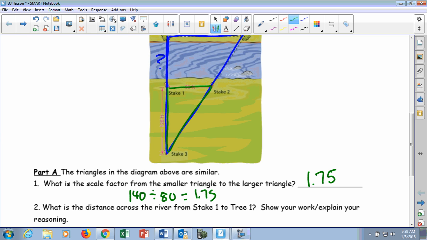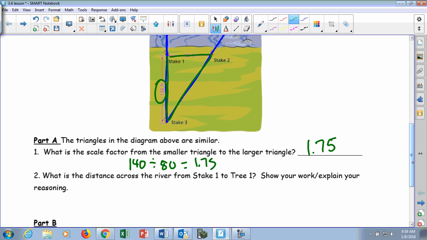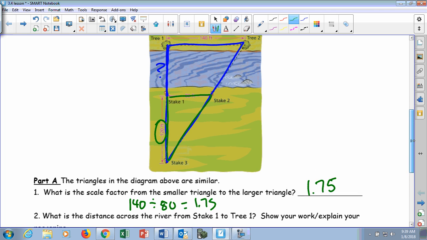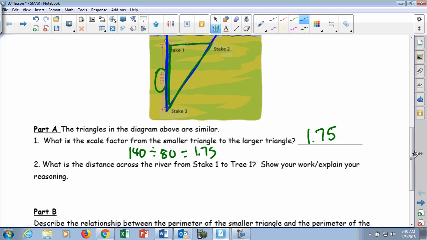All right, so that little distance right here that we were looking for. So we never really got the whole distance, right? We got this one, 120 to the small triangle. So the big one, how did you figure that out? Well, remember, if the small triangle's length from here to here is 120, isn't this a similar side? So we can use the scale factor. You would take 120 and multiply it by 1.75. What would that give you?